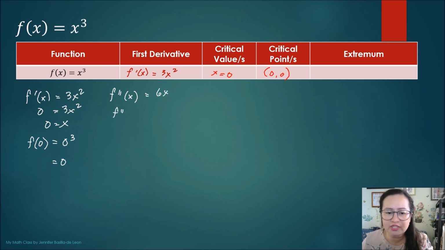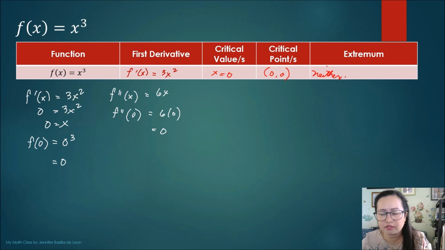Now, evaluating the second derivative at x equals 0, we will have 6 times 0, which when simplified will be 0. Since 0 is equal to 0, it's not greater than nor less than itself. Therefore, we can say that it's neither a relative minimum nor a maximum.